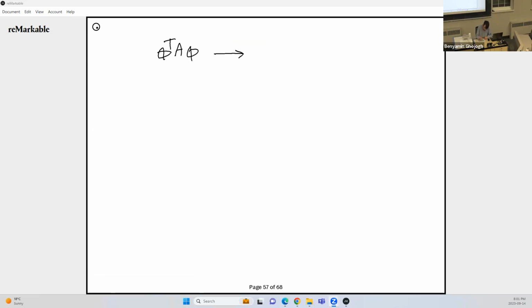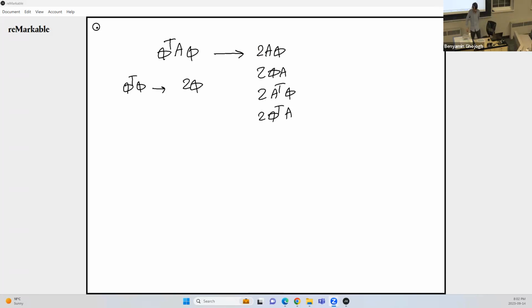I know if it was phi transpose phi, it would become 2 phi. Now it should become either 2A phi or 2 phi A or 2A transpose phi or 2 phi transpose A or something. Let's consider all of the combinations.